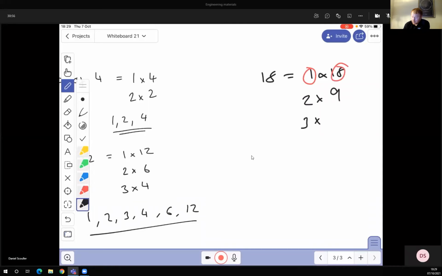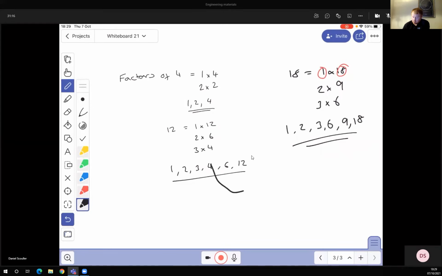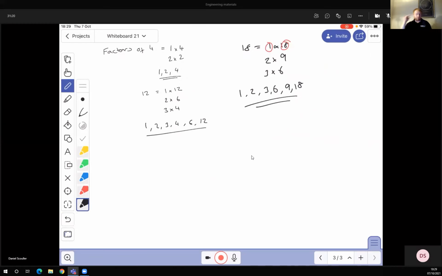And 3 times 6. 4 isn't, 5 isn't, 7, 8 aren't either. So it just goes to 9. So 1, 2, 3, 6, 9, and 18. That's probably before Nat 4, but you'll certainly look at that in Nat 4.